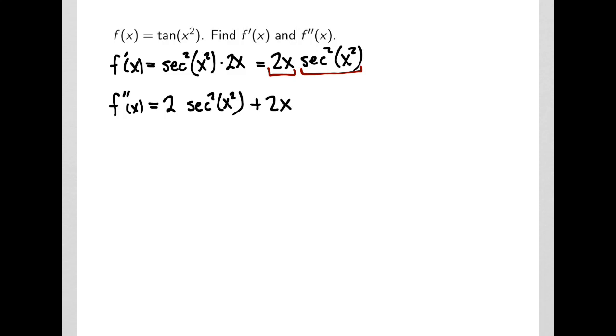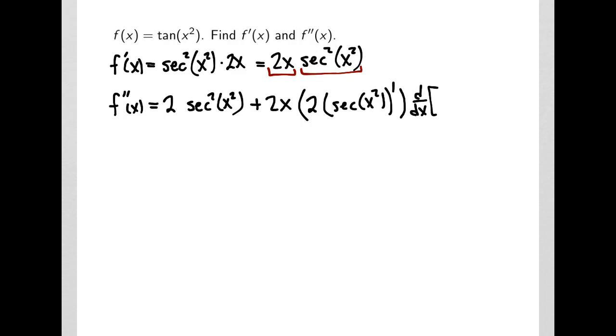Well, to take the derivative of secant squared, that is a power of secant, so I need to use the power rule. 2 times the secant of x squared to the first power. That's the derivative of this power 2, times the chain rule factor, which is the derivative of the secant of x squared.